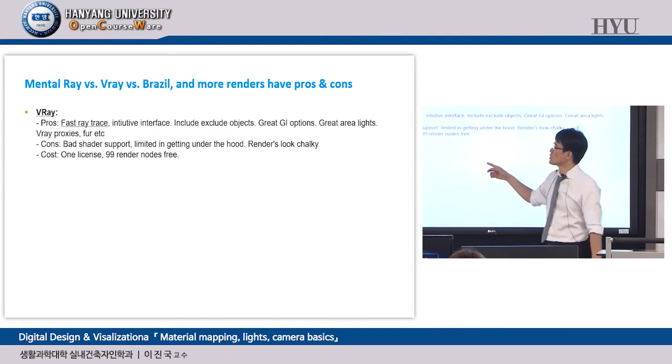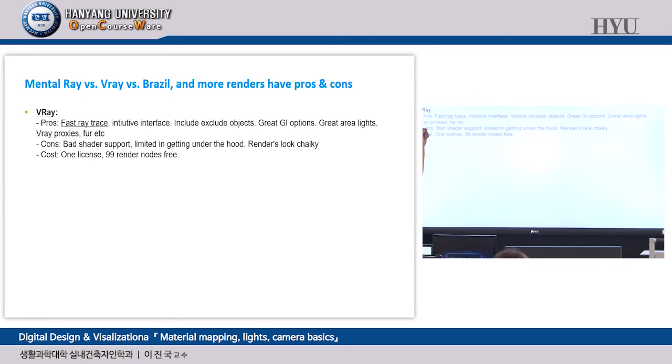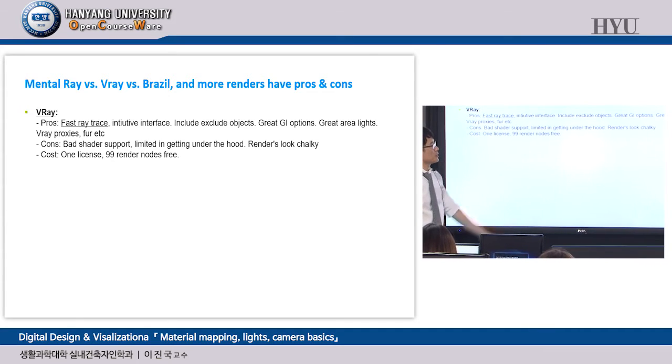So let's take a look at some pros and cons, okay? Pros of V-Ray: fast ray trace, and GI options, global illumination options. It used to be the easiest renderer among all other renderers.